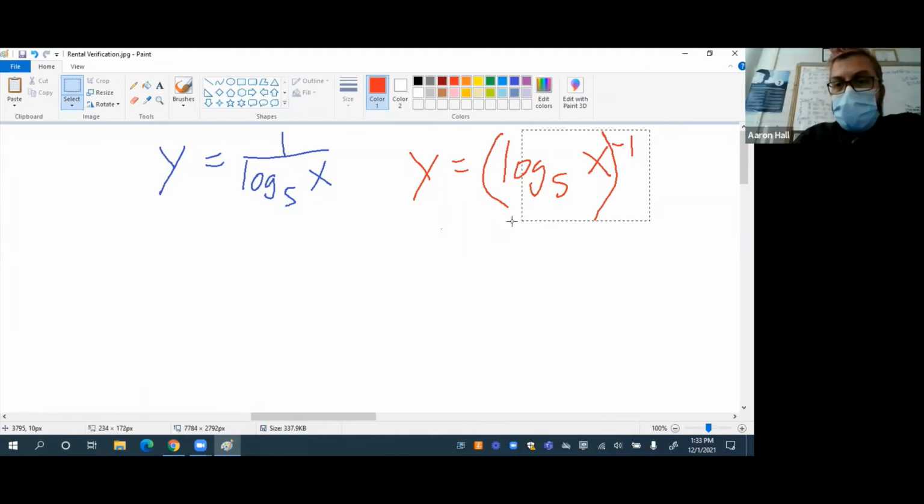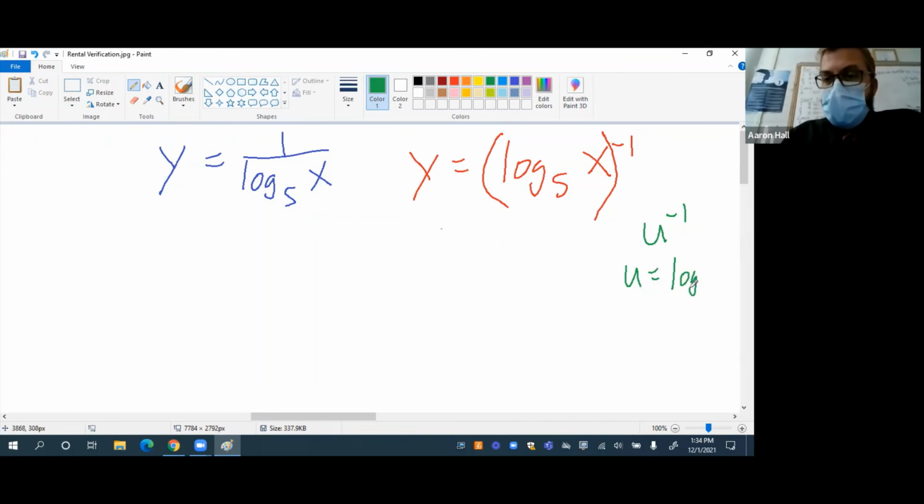This to me looks like the chain rule. What's the outside function? Yeah, the outside function is u to the power negative 1. The inside function is log base 5 of x.